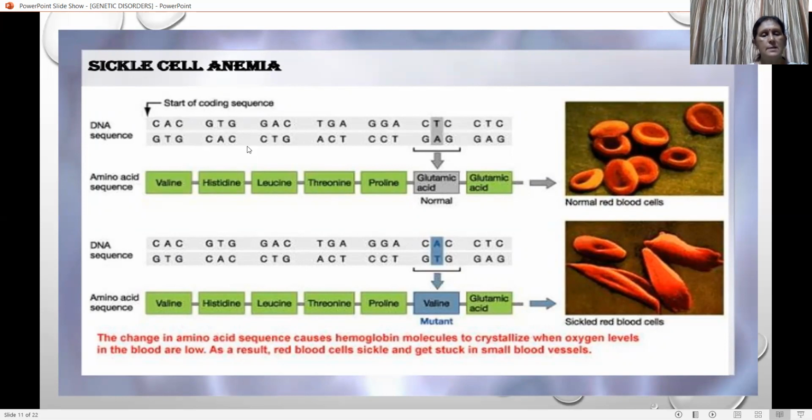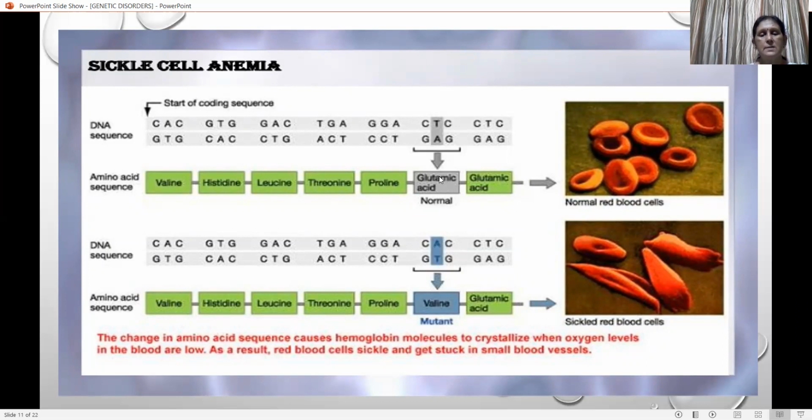Up to this point it is correct, but at the 6th position, CTC and GAG, glutamic acid comes, but at this position GUG code comes instead of GAG. So due to this genetic defect, instead of glutamic acid, valine sits here.